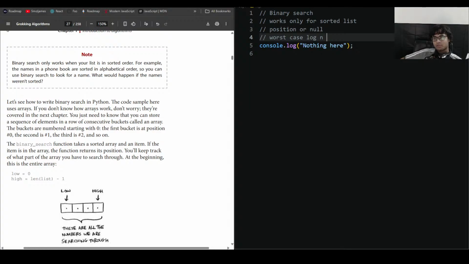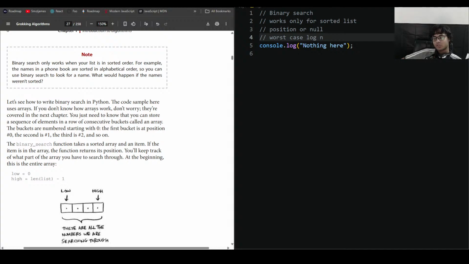For example, the names in a phone book are sorted in alphabetical order, so you can use binary search to look for a name. What would happen if the names weren't sorted?